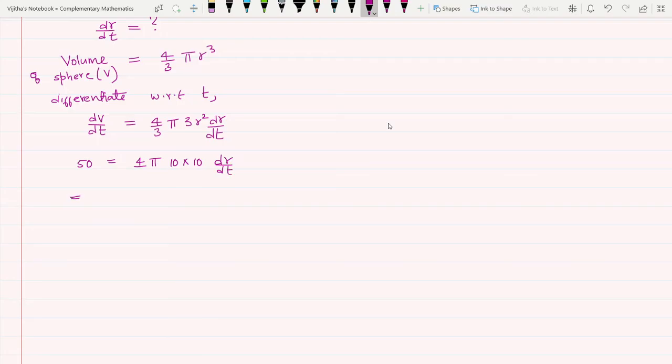This we can simplify and we will get that dr by dt is 1 by 8 pi, which is approximately equal to 0.04 centimeter per second. So this is the rate of increase of the radius. Okay, so thank you.